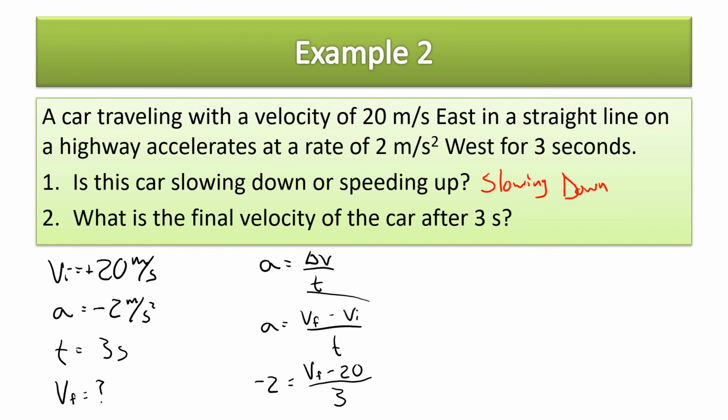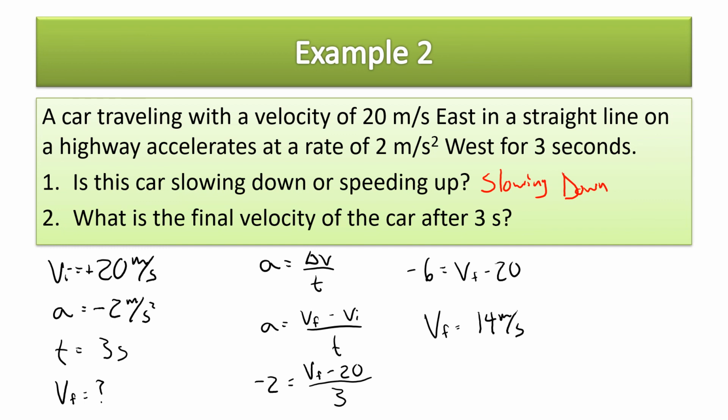And you could, in this step, solve for vf first and then plug in the numbers, which is totally fine way to do it too. But now we can cross multiply and we get negative 6 is equal to vf minus 20. So you add 20 to both sides, and you get vf is equal to 14 meters per second.